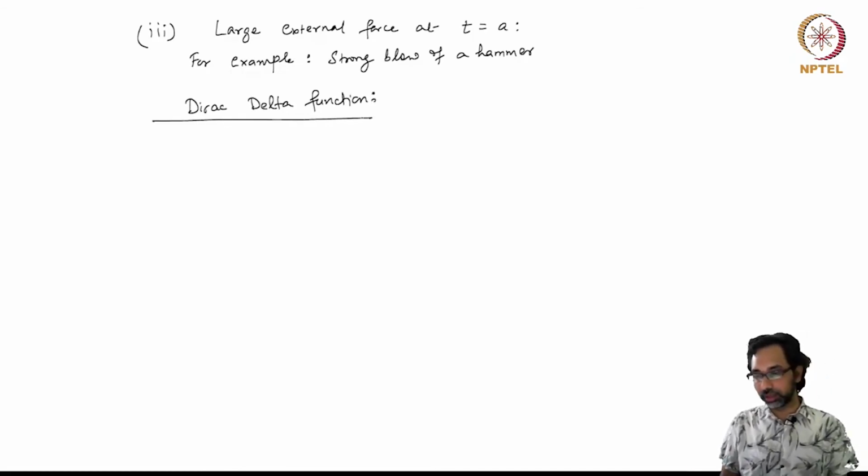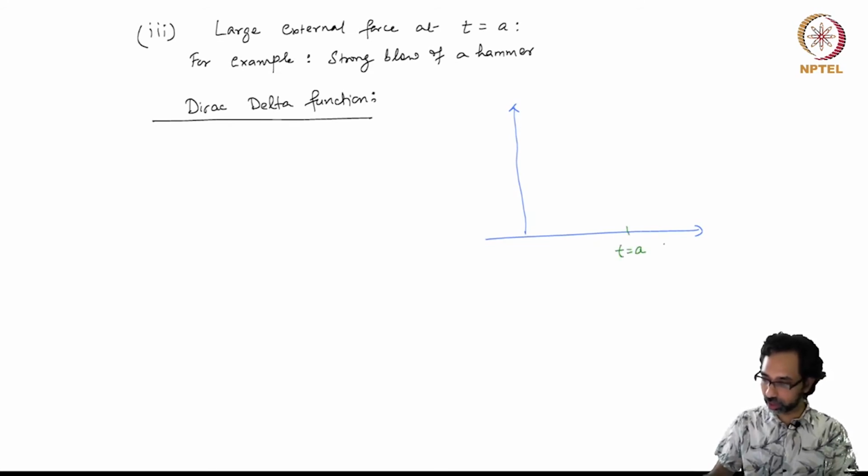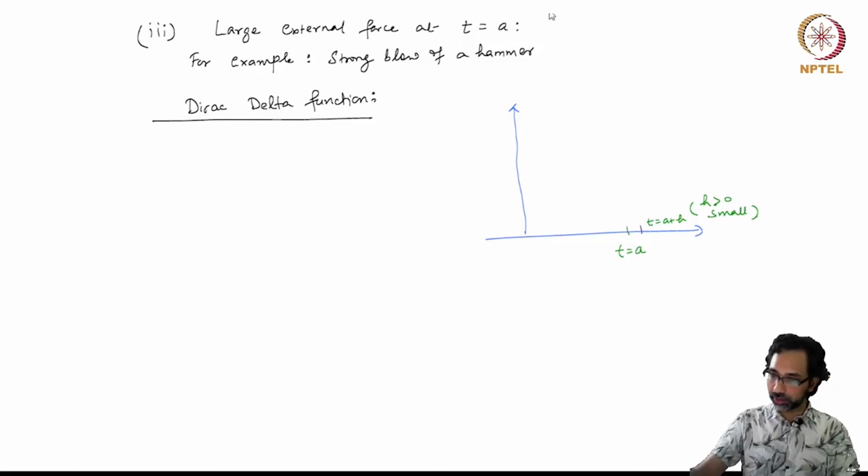So when we are talking about a large blow at t equal to a, let's say this is t equal to a, and we think of our force as acting from t equal to a to t equal to a plus h, for some h small and positive, and with the magnitude of this force proportional to 1 over h.